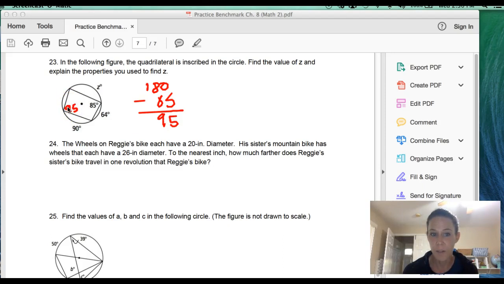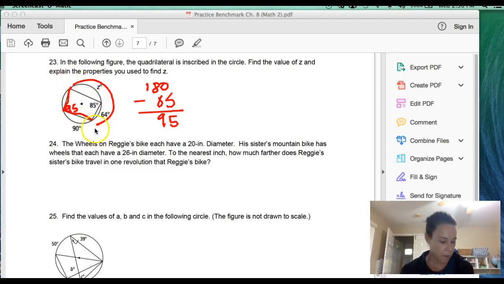Now the reason I figured that out is because what I want is z. I could figure that out if I knew this part right here, this arc. It's not the inscribed angle for this 95 degrees, but 95 degrees gives me this whole arc here. I do know this section is 64, so I can now figure out z. If this is an inscribed angle, this arc is twice that.